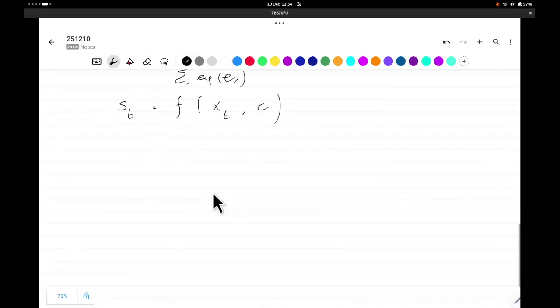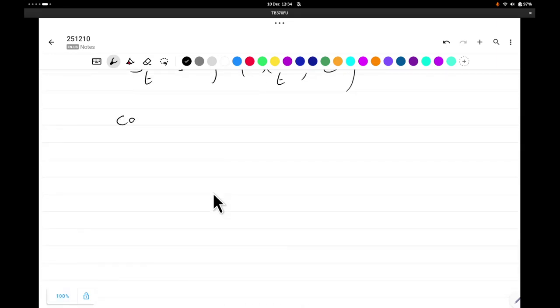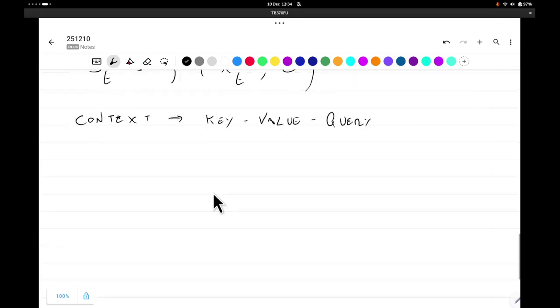Now, the generalization of this context kind of architecture is, now we go from context to the key, value, query architecture.